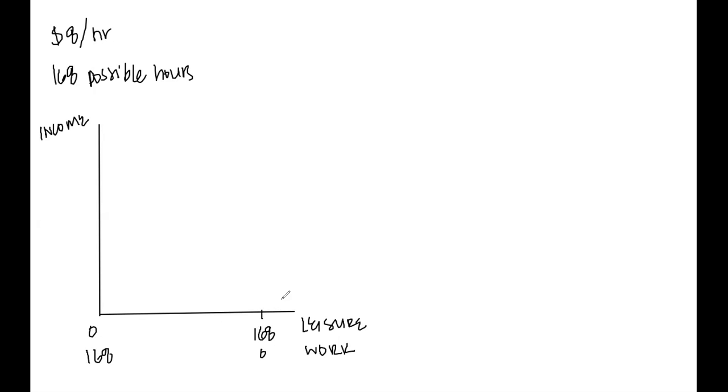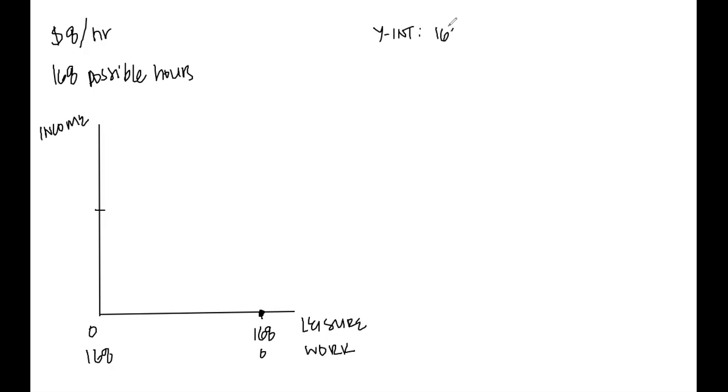We know that our x-intercept is going to be at 168 because if he's at 168 hours of leisure, he's having 0 hours of work, meaning he's not making any money, so his income is going to be 0. And then for the y-axis, our y-intercept is going to be the total amount.